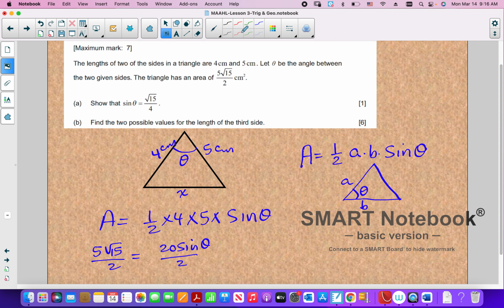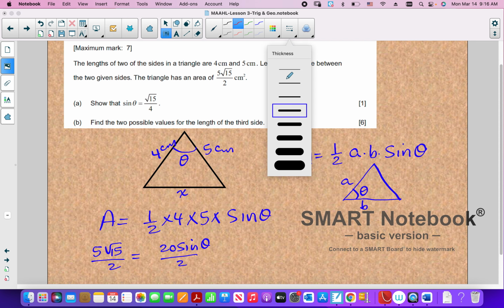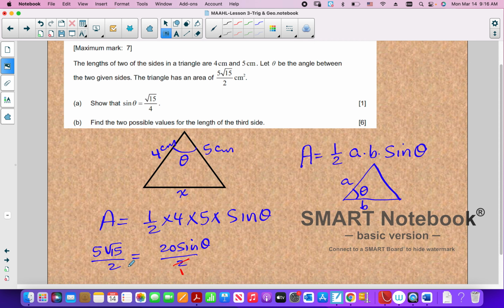I can simplify. 2 with 2 is 1, 20 over 5 is 4, therefore that will leave sine theta is equal to root 15 over 4. And that is what they asked us to show. That is part A.